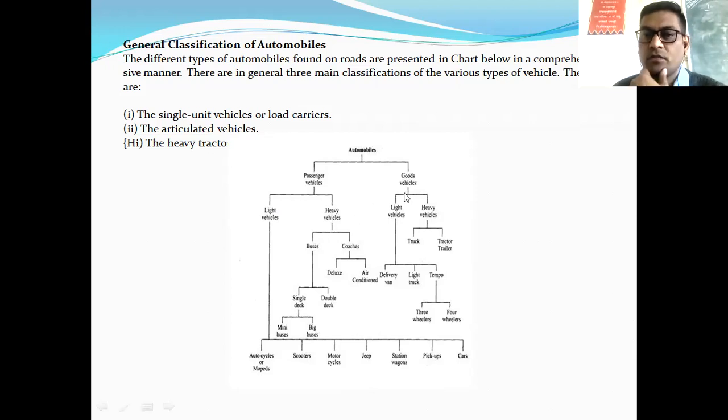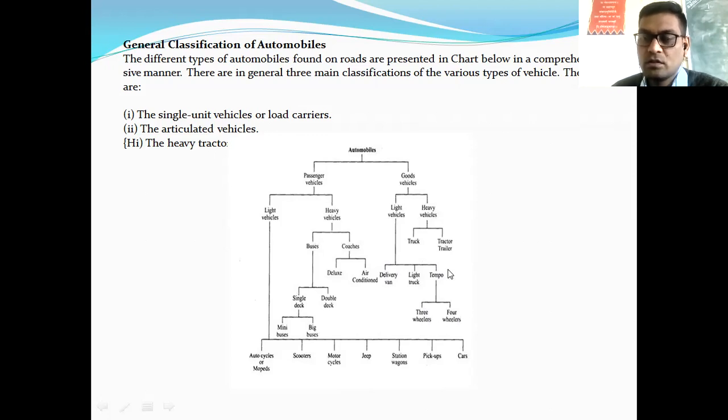In the same way, we have goods vehicles, divided in the same manner into light goods vehicles and heavy goods vehicles. In light goods vehicles, we have either delivery van, light truck, which we also call mini truck, or tempos. In tempos, we have either three-wheelers or four-wheelers.